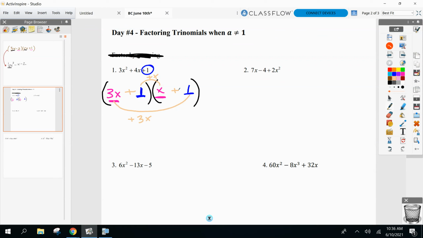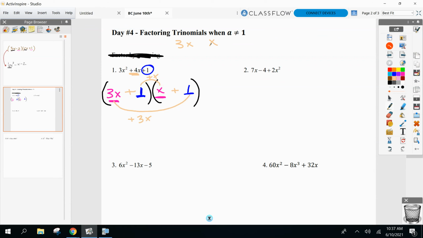I'm a little confused. How do you know that positive? Like where do you get that 3x from? Okay, when I combine the two outer terms and the two inner terms, you should get the middle term in the problem, which is 4x. So when I multiply 3x and 1, I get 3x. When I multiply 1 and x, I get x. And I look at it, and I say, all right, 3x and x. How can I get a positive 4x from that?